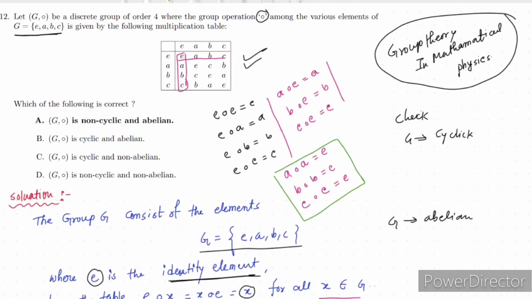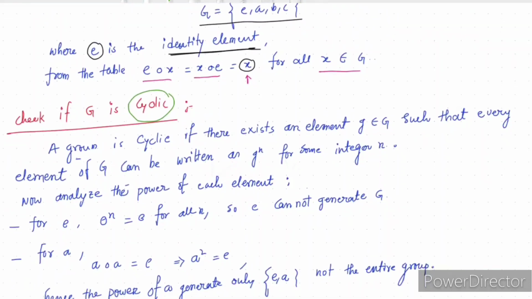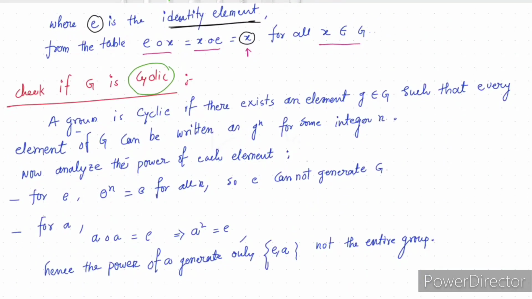The statement is: a group is cyclic if there exists an element g in the group such that every element of G can be written as g to the power n for some integer n.